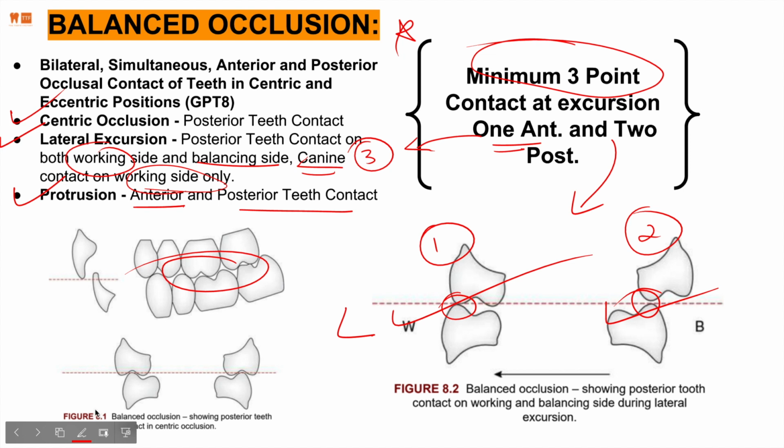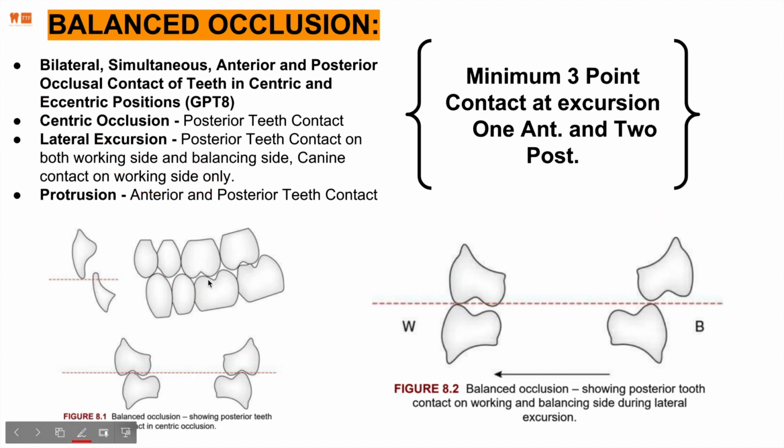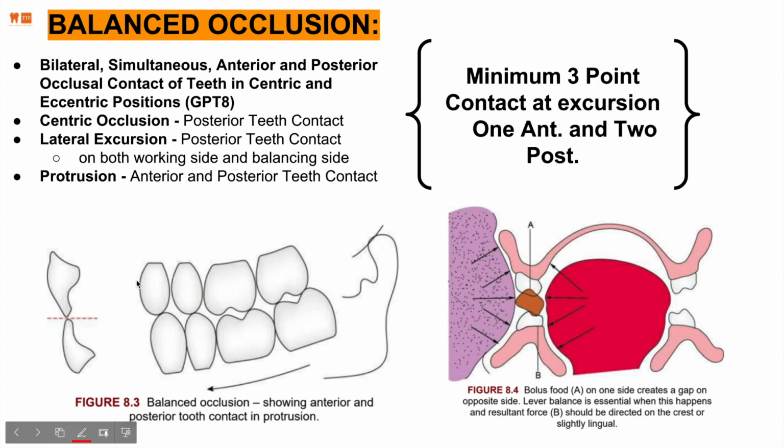So if this diagram were to show mandibular teeth moving forward in protrusion, all of these contacts will still be maintained along with this tooth touching right here. So all teeth are in contact, but minimum 3-point contact. Hopefully the definition of bilateral balanced occlusion is a little bit more clear, right?